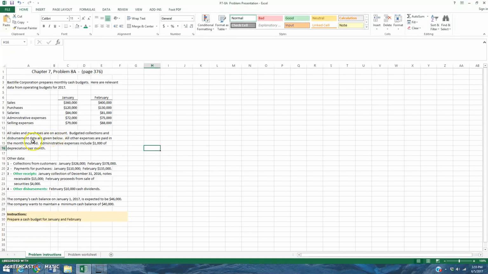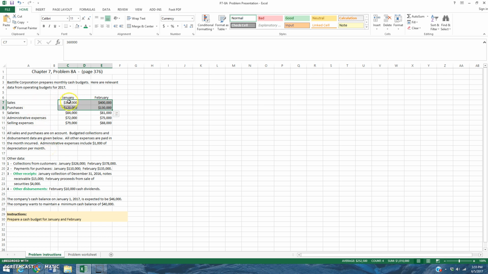What it's telling us is that all the sales and purchases that were done in January and February were on account. So then we can look at these numbers and say they might not be the right numbers. The reason is because we are trying to do a cash budget form. We want to know the actual cash that has come in and out of each month.